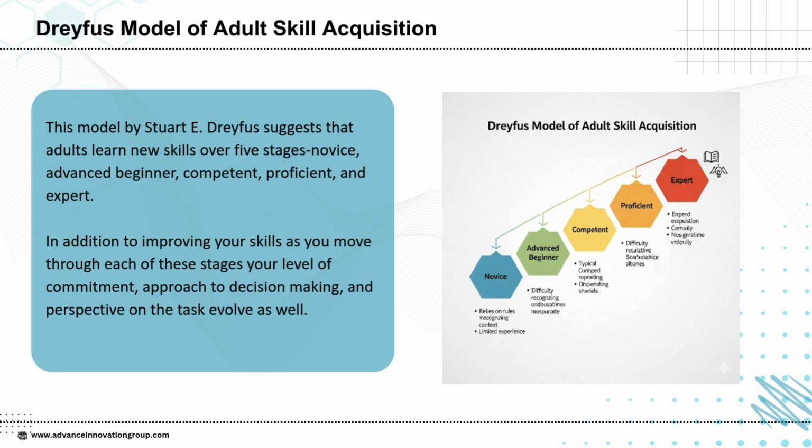As advanced beginners, they start recognizing patterns and applying rules with limited flexibility. At the competence stage, learners can plan and make conscious decisions, though it still requires effort. In the proficient stage, decision-making becomes more intuitive and individuals can adapt quickly to new situations.